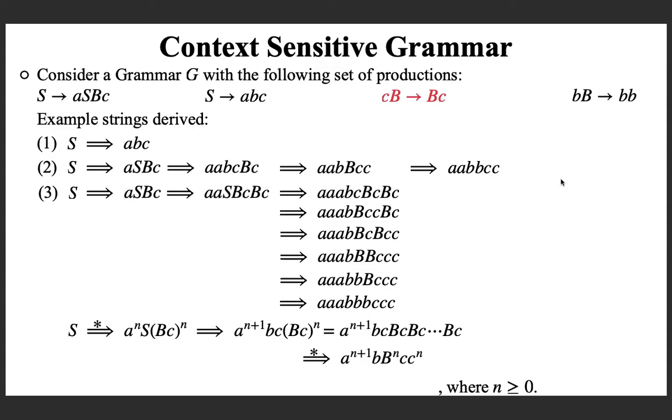And now you know that you can apply the last production to replace all the capital B's with small b's. In fact, you are replacing small b, capital B with bb, but you will get this. A to the power n plus 1, small b, then again small b n times is b to the power n plus 1, followed by c to the power n is nothing but c to the power n plus 1.